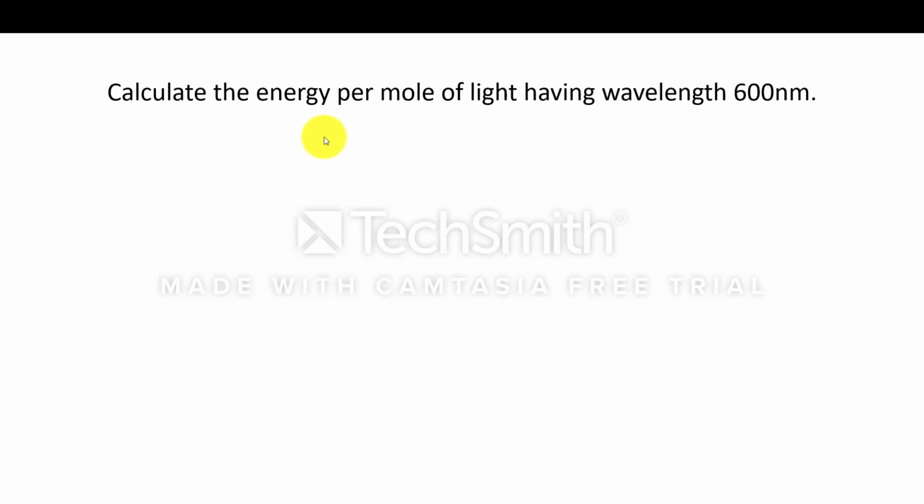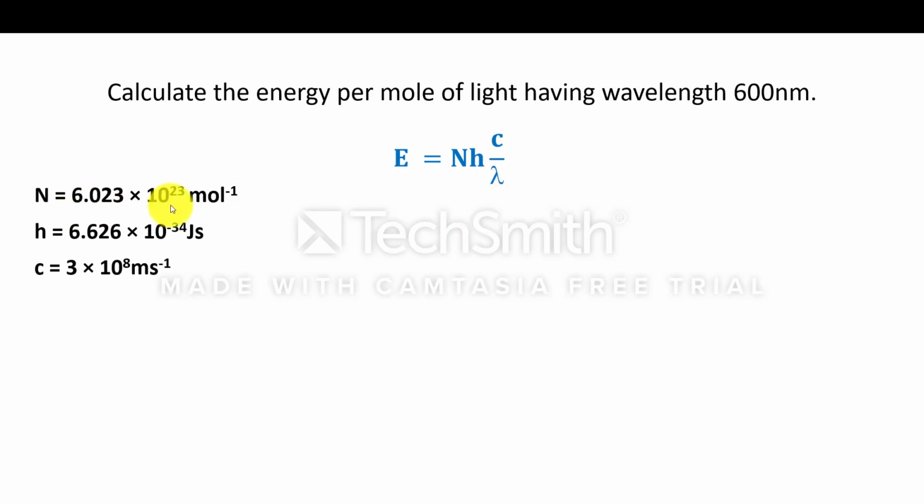Also, you can calculate the energy of 1 Einstein of light having wavelength 600 nanometer. So then E will be equal to N into hc by lambda, where N is Avogadro number 6.023 into 10 to the power of 23 per mole, h is Planck's constant 6.626 into 10 to the power of minus 34 joule second, velocity of light c equals 3 into 10 to the power of 8 meter per second, and wavelength is 600 nanometer.